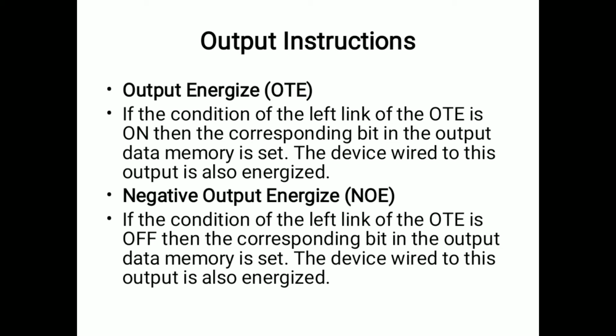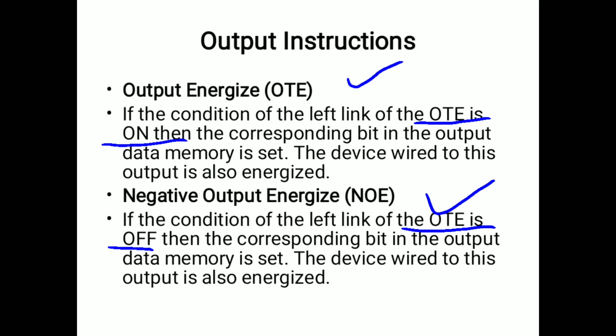Now in case of Negative Output Energize, if the condition of the left link of the OTN is off, the negative output energize works opposite to the Output Energize instruction, right?